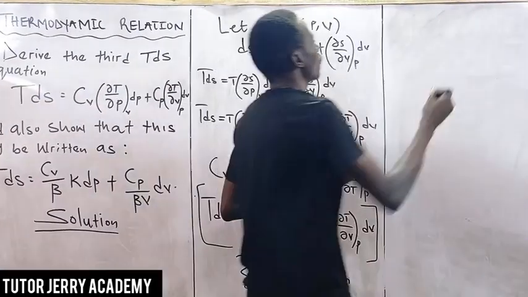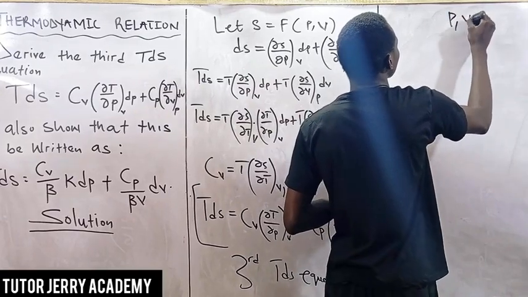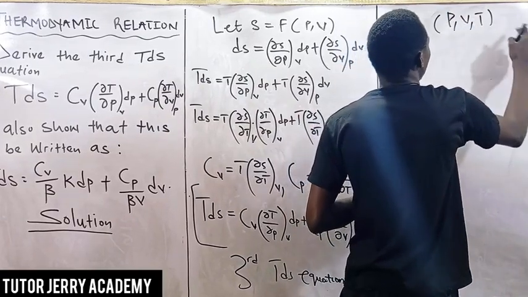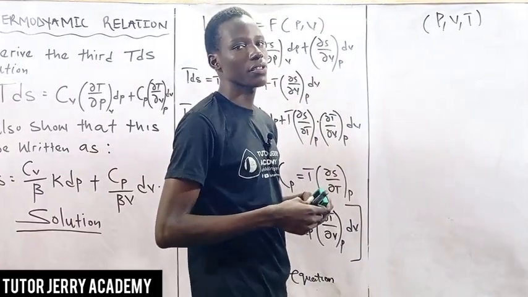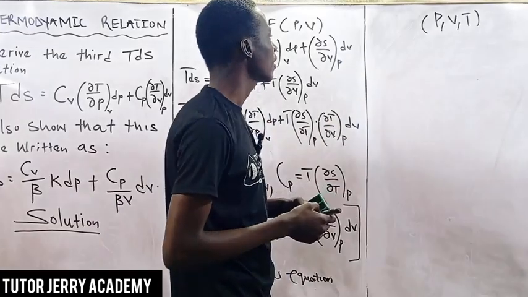Now, for the PVT relation, of course, we are going to be using the cyclic relation for PVT, and it has been derived in our previous video. So I'm also going to be writing that relation.